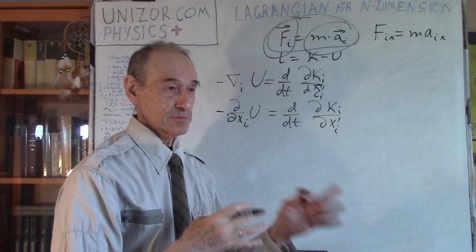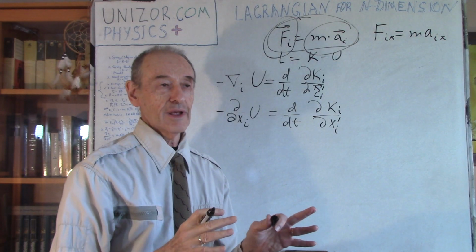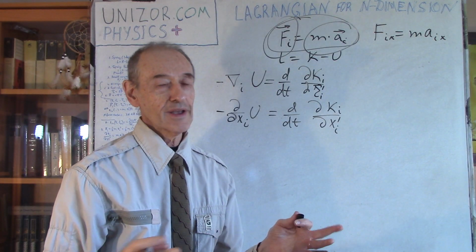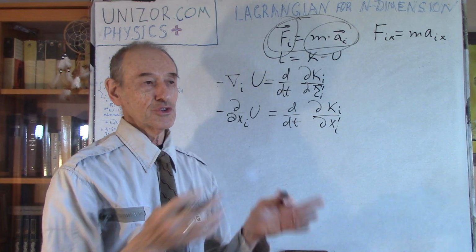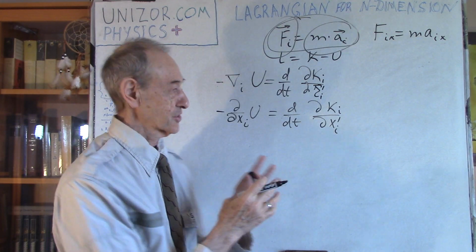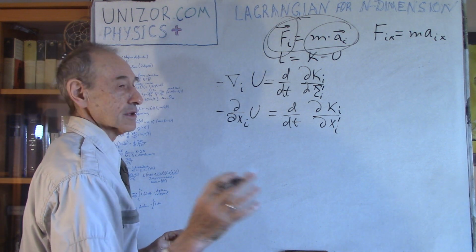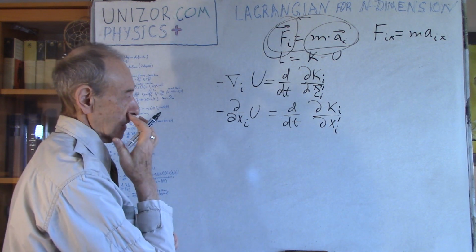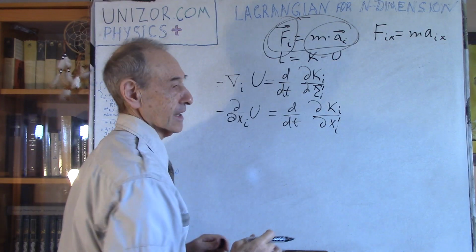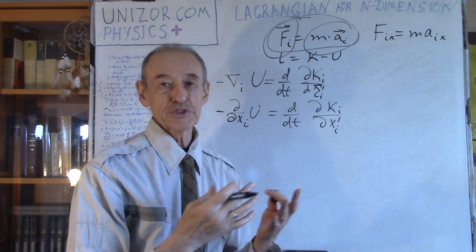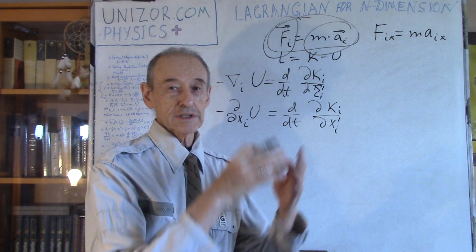However, I can make a little bit more algebraic tricks, if you wish, to make it look better. Actually, it will look much better than this one. Not much, but a little bit better. Here is the problem. Now, I don't like that this is K_i. It's the kinetic energy of one particular object out of n.